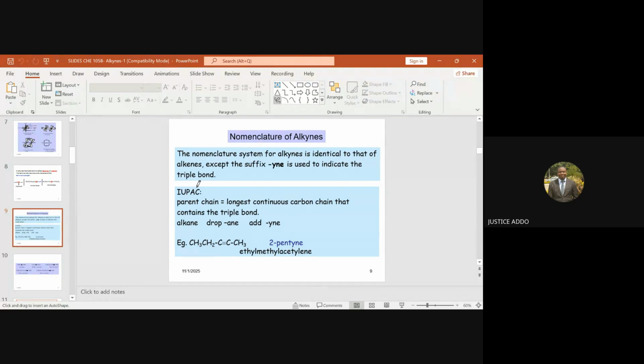So can somebody tell me an alkyne of 20 carbons, how will you call it? Icosyne. Icosyne, great. What about an alkyne of 10 carbons?